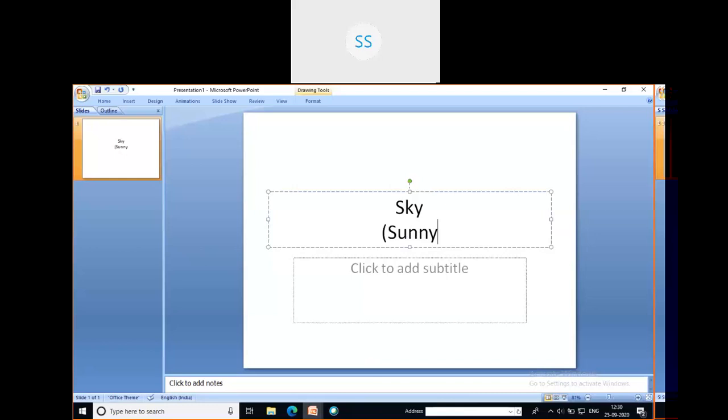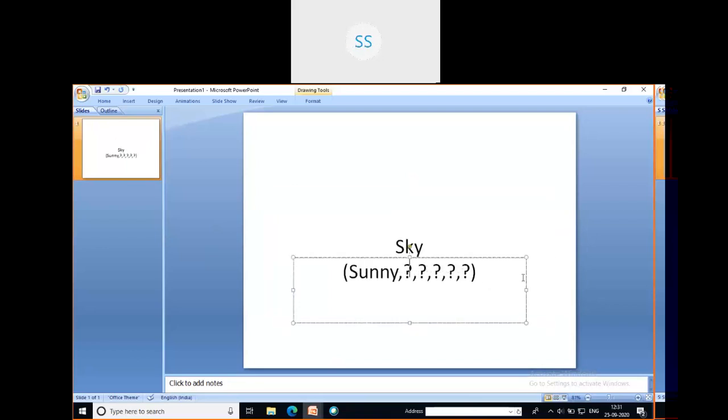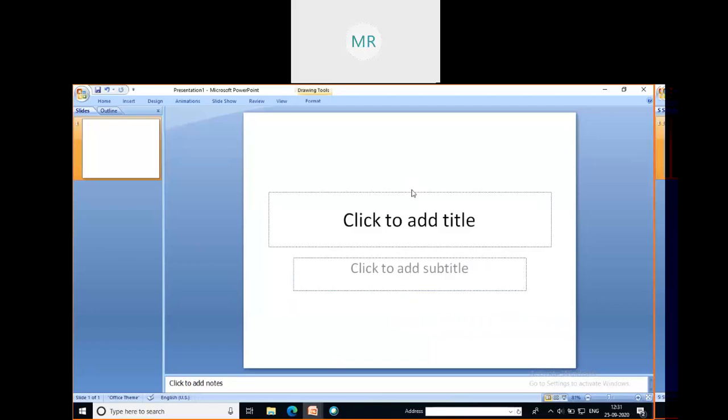It can be sunny and the other values. Is it right? That is one hypothesis.